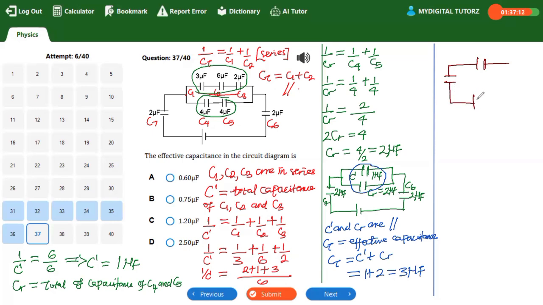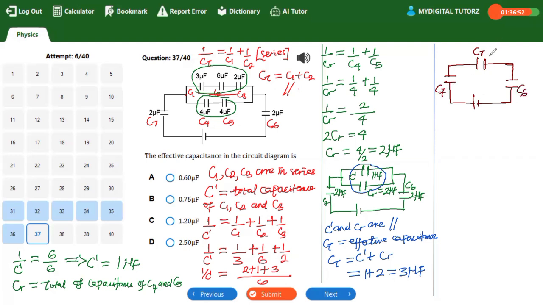Then we have our source of energy here, then this particular one here, then come back here. So here is now our CT, here is our C7, and here is our C6.